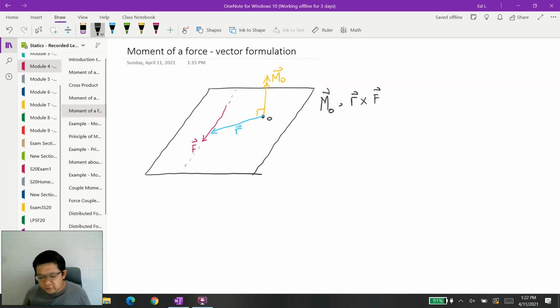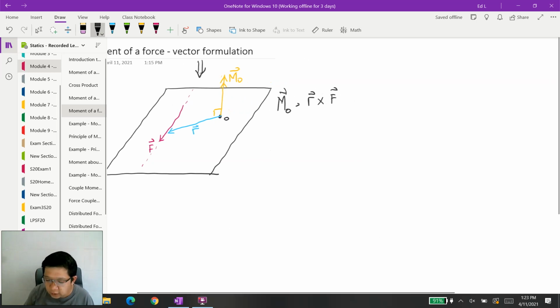Let's try to observe this case even further. Let's say that right now we try to see this plane from the top of it, and I'm going to draw the 2D representation of what we just drew. Let's say that is our reference point O, and I'm going to draw a Cartesian x and y axis right there.